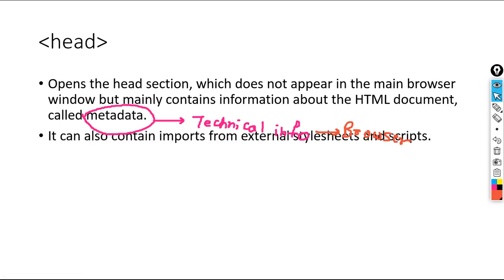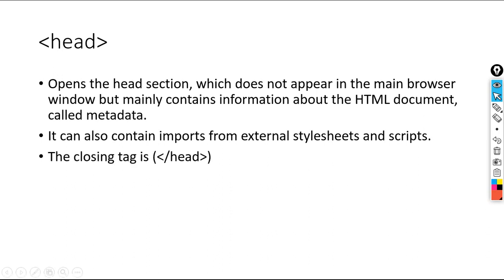The head can also contain imports from external style sheets and scripts. If we want to import an external CSS file or JavaScript file, then we can use the link tag, and that link tag will be part of the head section, correct? So for importing purposes, we can write code in the head section. Now the closing tag is slash head. The slash must be a forward slash.